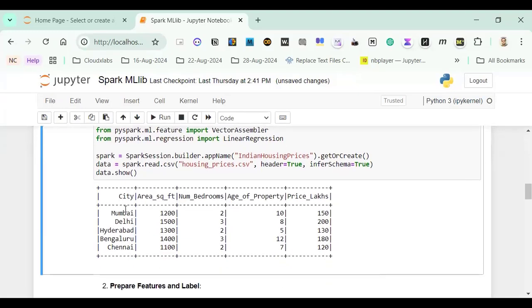Okay, we got it. It's late because of some time. So city is there, area. Oh, we got it, right?